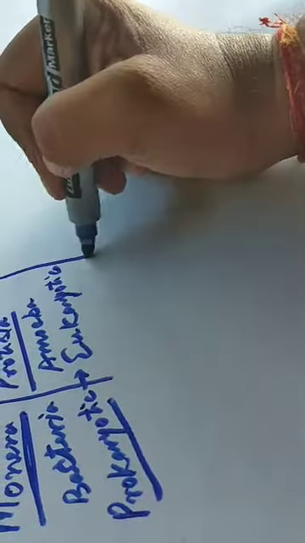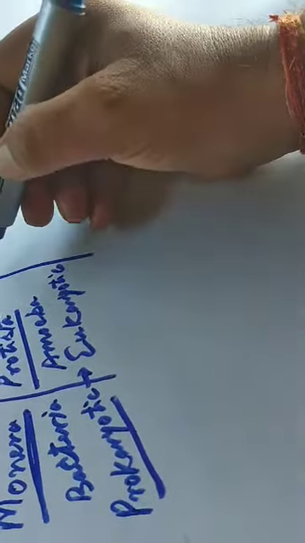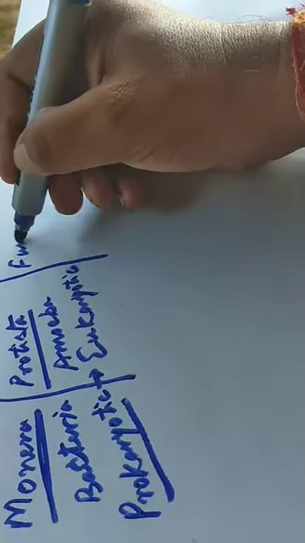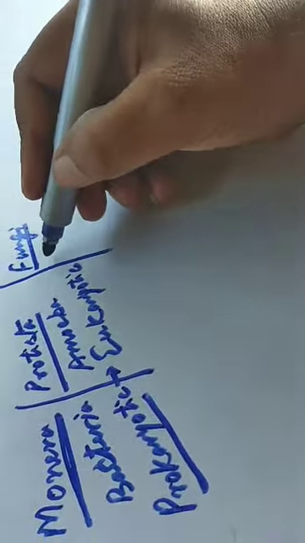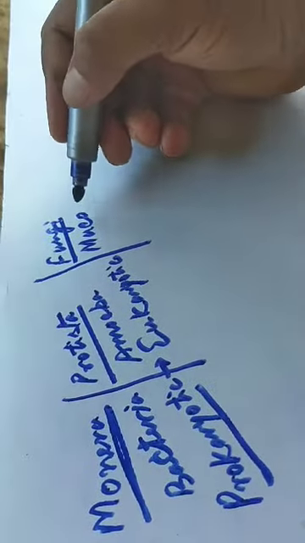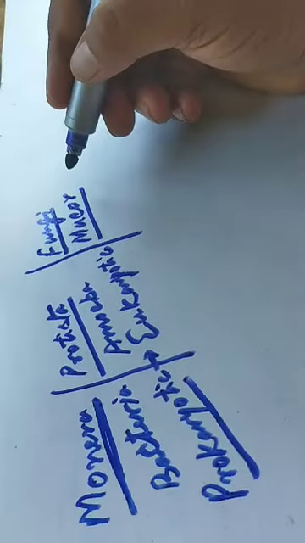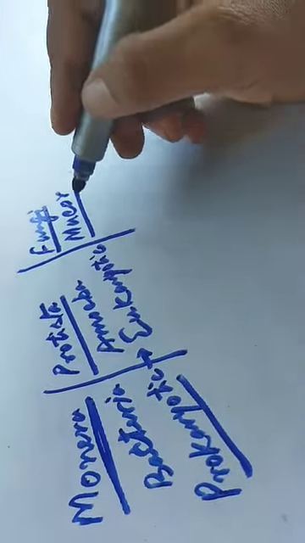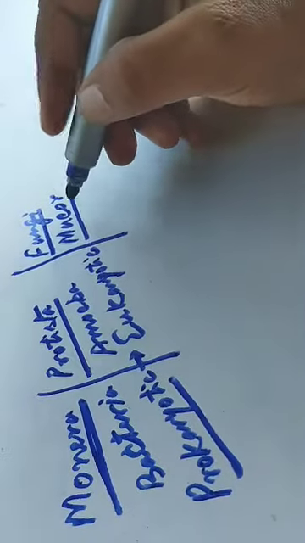And after this Protista, you read another kingdom, that was fungi. Do you remember fungi? And in this you read the example mucor, right? Or bread mold, clear? Or rhizopus also you can say.